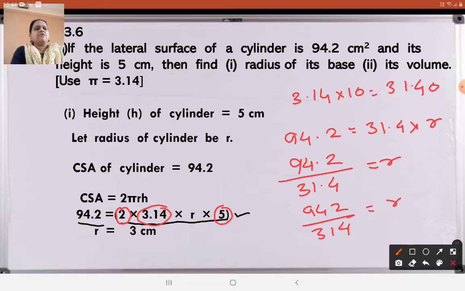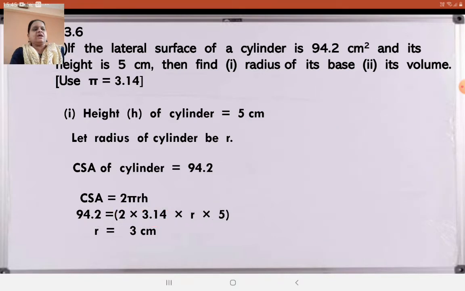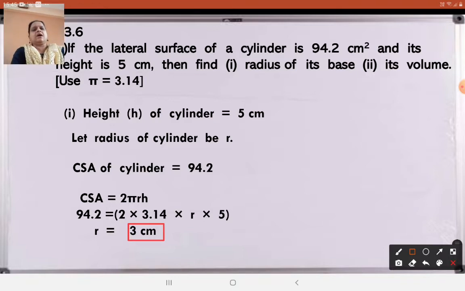You can see that 314 multiplied by 3 gives 942. Therefore we get the r value as 3 centimeter. So we have completed the first part, that is the radius of the base.